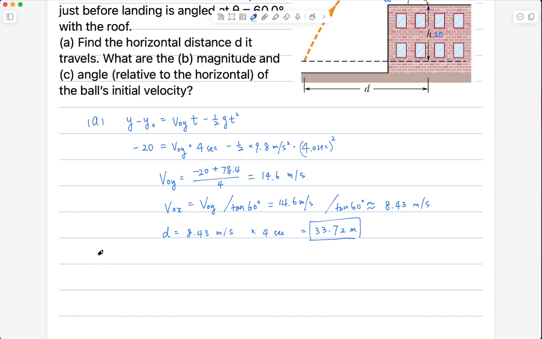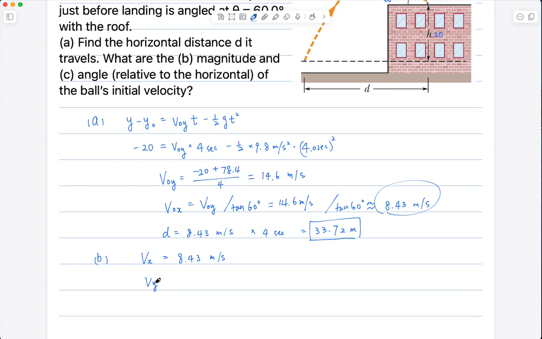Let's try B. The horizontal x component of velocity will not change, so it stays the same as above. We calculated 8.43 meters per second already, and we continue using that.